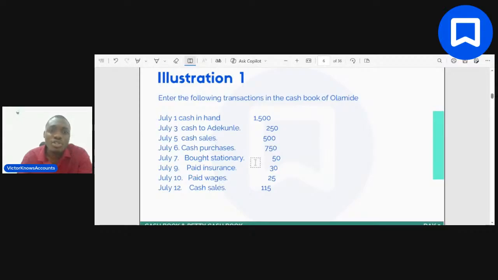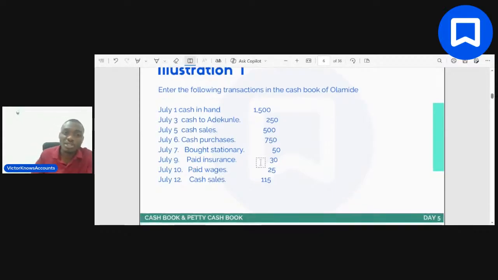All right. Now, enter the following transactions in the cash book of Olamide. We have July 1, cash in hand. Now what does that mean? Your cash in hand is the balance of cash that you have currently.